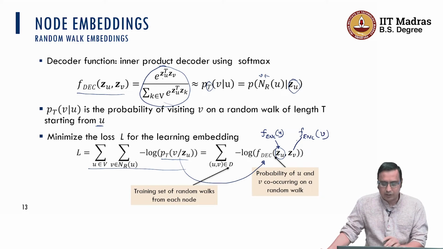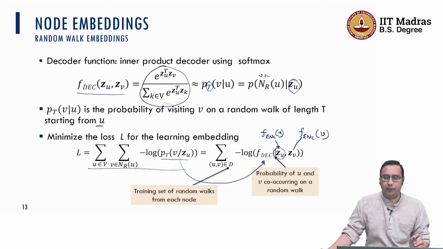This is a similar structure to what we have seen in the factorization methods. Hence, we have now found a way of finding the encoder and decoder by minimizing the loss such that the probability of u and v co-occurring on the random walks can be used as a similarity metric.